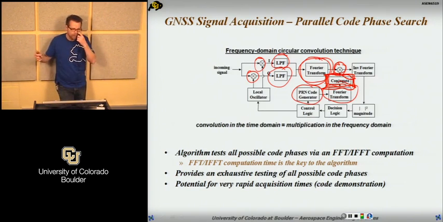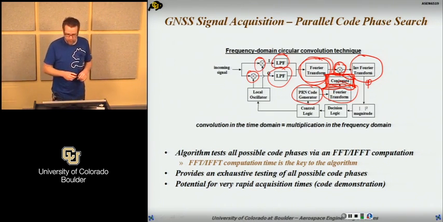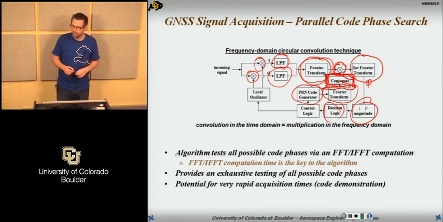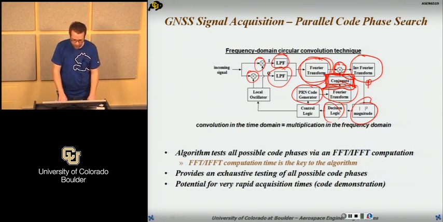So rather than 2046 squared, we have 2046. That's pretty awesome. Then the inverse Fourier transform brings it back to the time domain. Then we have the same stuff, magnitude, decision logic. This is how the book does the acquisition so fast compared to the serial test that I showed you.